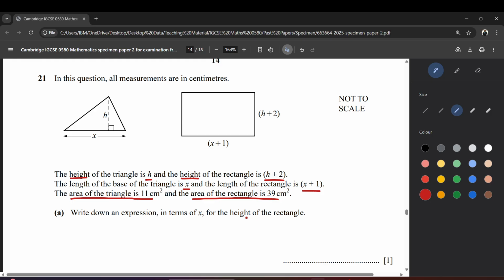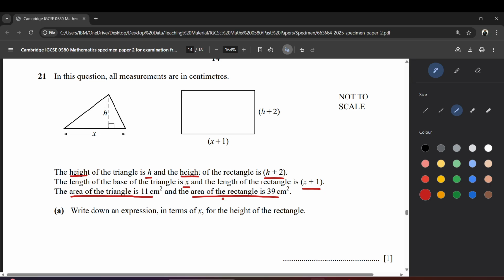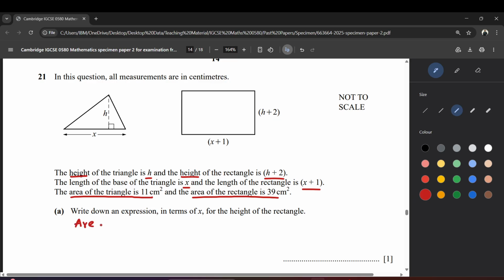Okay, so what we know about the rectangle is that the area is 39. Area of rectangle is equal to length times height.